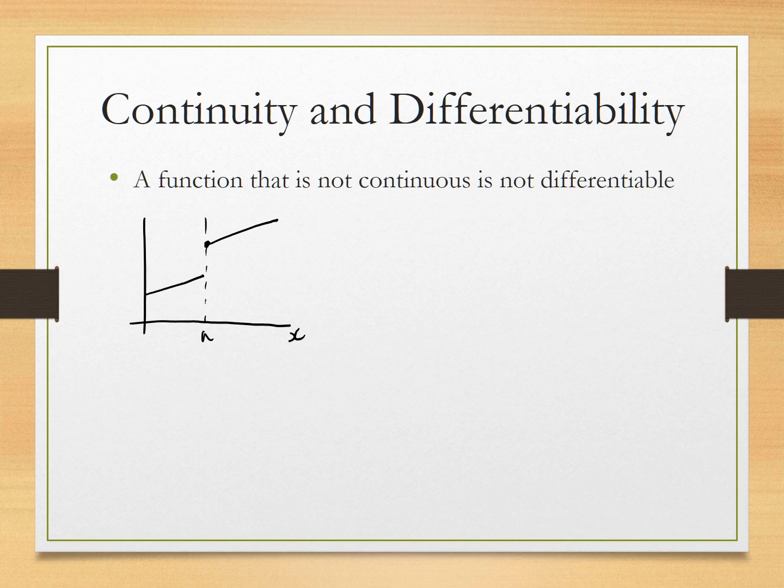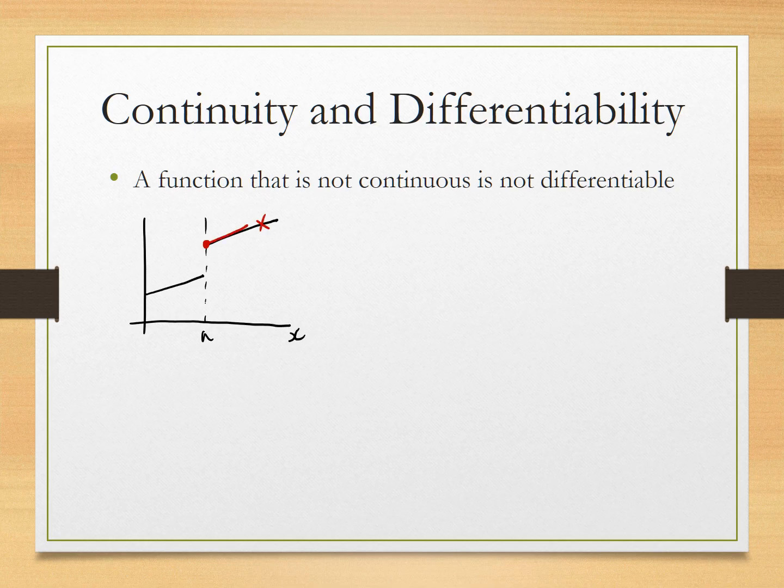But remember, what the derivative is, is the limit of the approximate slope at a given point. So let's say this is your given point, right? What happens when you try to approximate the slope from the right? Well, no problem.